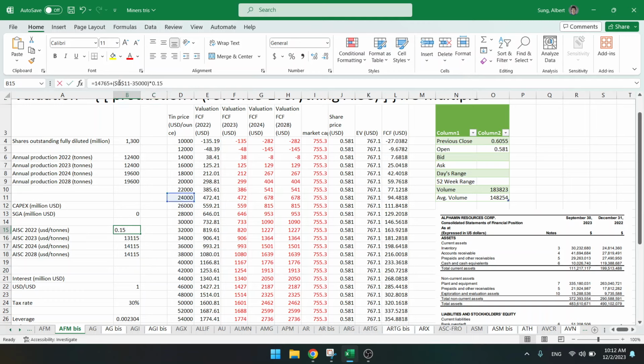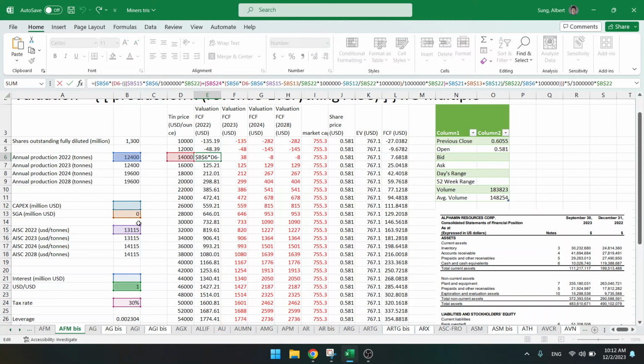Of course, this number should change as the tin price rises. So the free cash flow would also change. And that's a difficult one. Yeah.